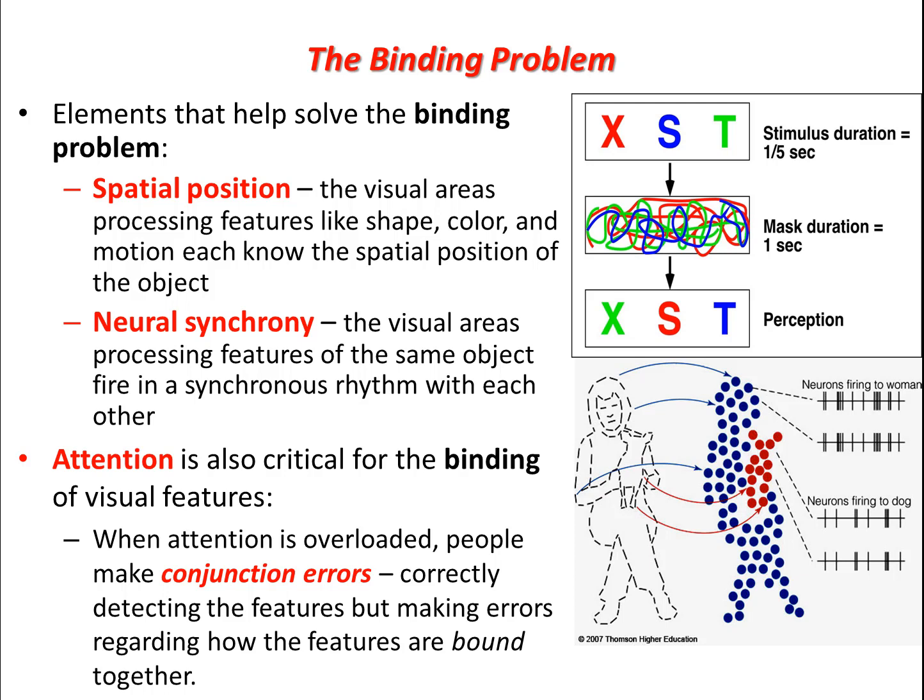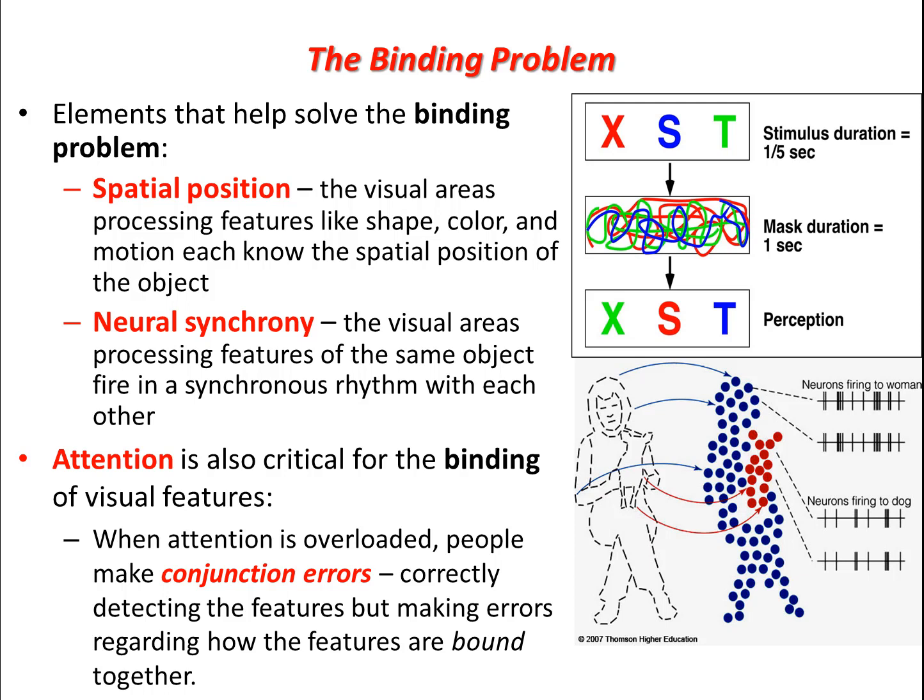This is also supported by evidence from individuals who suffer from severe attention deficits because of brain damage in the parietal cortex. These individuals are very typically impaired in tasks that require them to judge how features are combined to give complex objects, and they show recognition deficits for those objects.